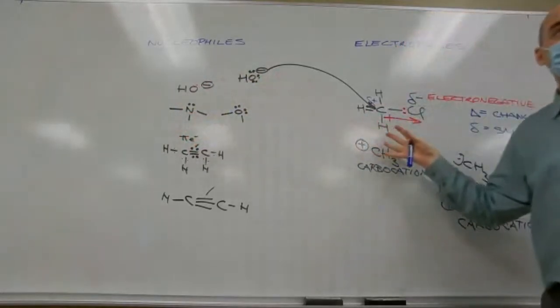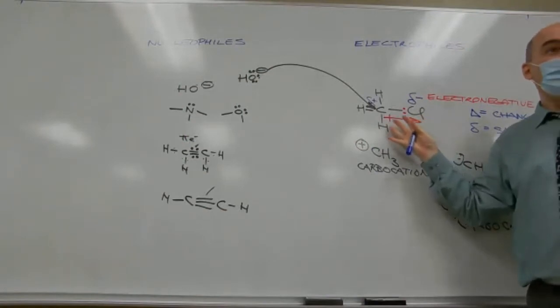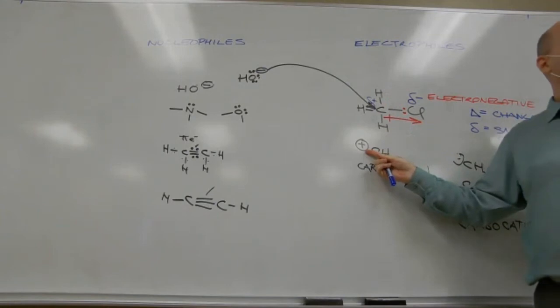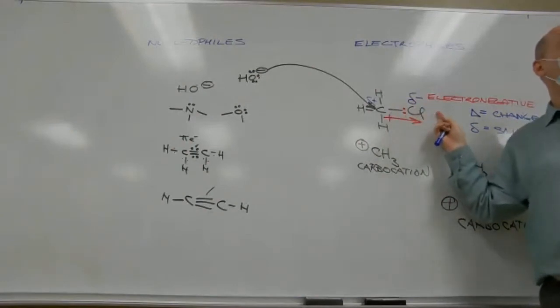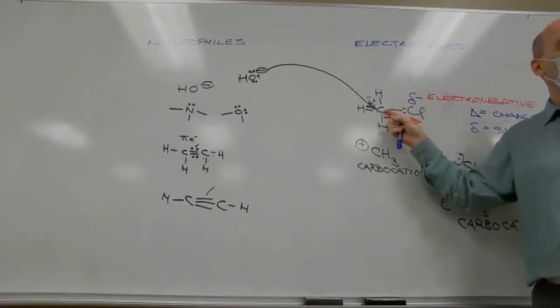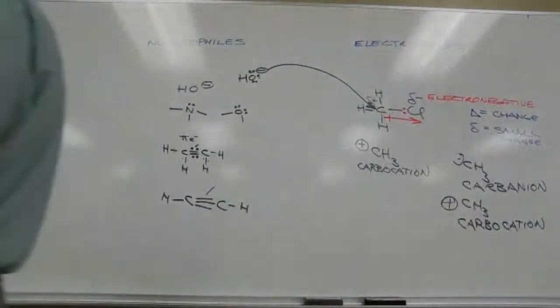The other thing on the page is the place that's going to get targeted. And sometimes it's going to be obvious, and sometimes it's going to be subtle. And the subtlety is, oh, you're next to something, and that something is pulling electrons away from you, making you deficient. All right, let's do some.